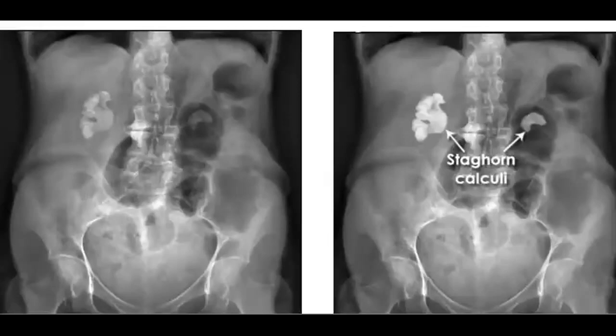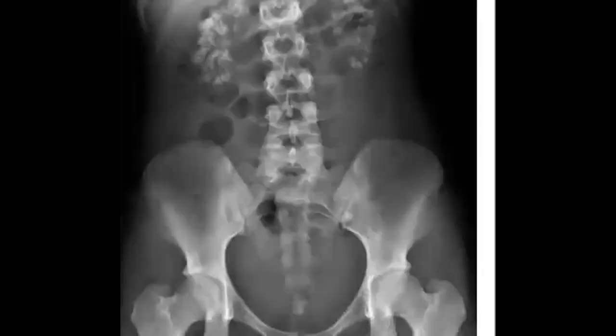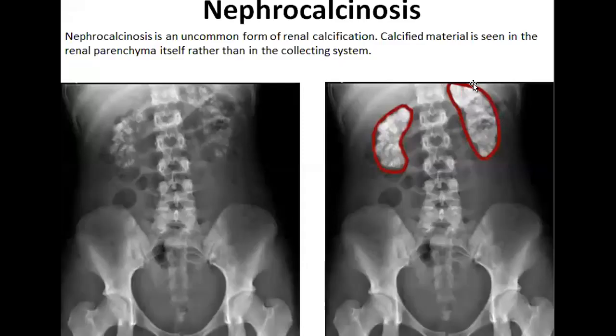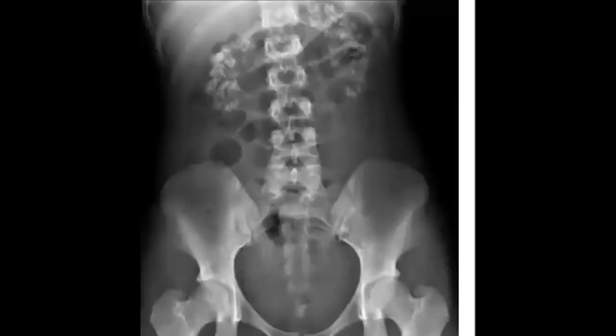Okay. One of the important ones for spotting: bilateral medullary nephrocalcinosis. Okay. So bilateral nephrocalcinosis.